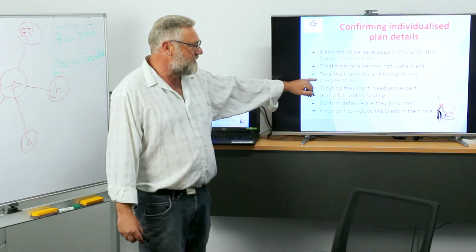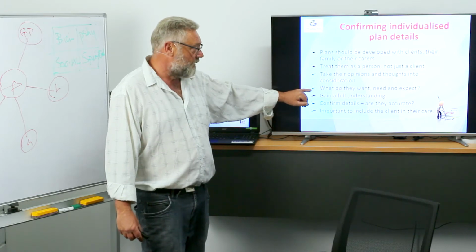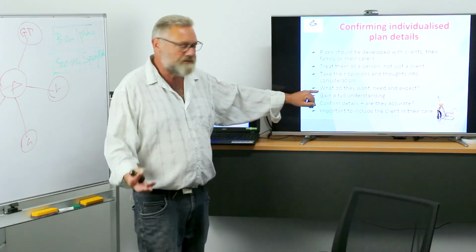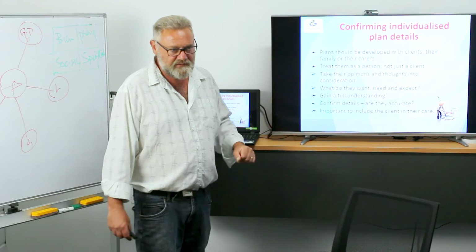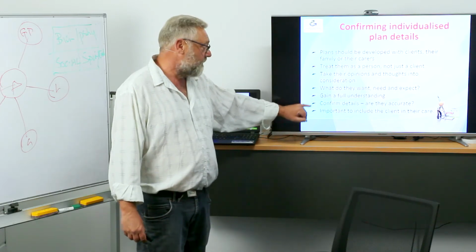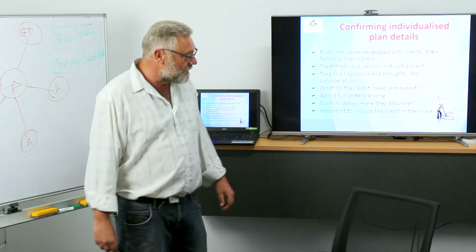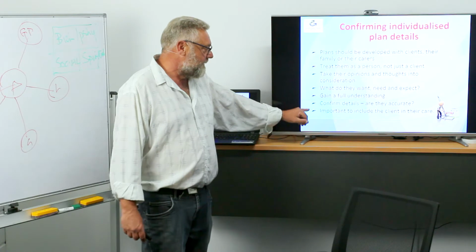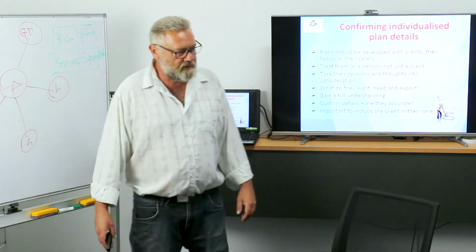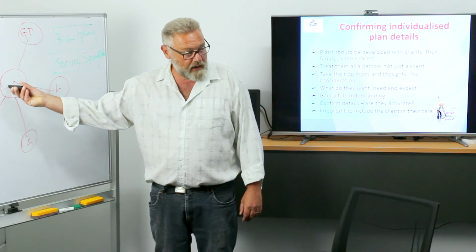We take their opinions and thoughts into consideration. What do they want, need and expect? We gain a full understanding. We confirm details. Are they accurate? And it's so important to include the client in their own care.